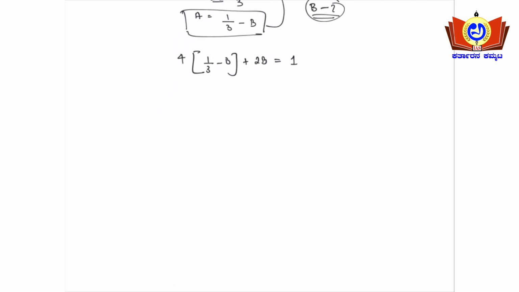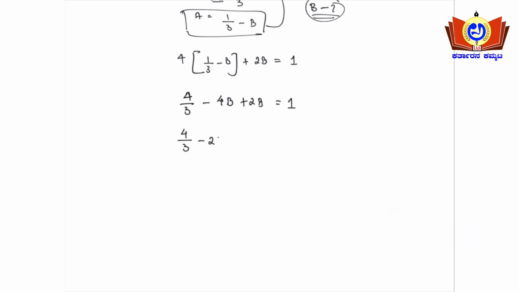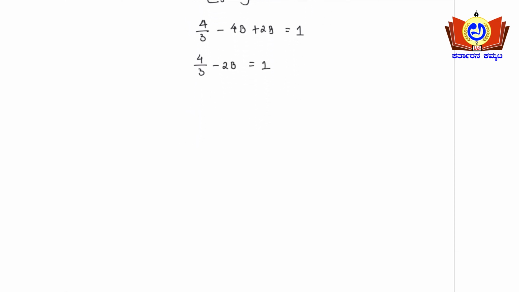See here what will happen is, after solving, 4 by 3 minus 4B plus 2B, that will be equal to 1. So 4 by 3 minus 2B equals 1. I'll take 4 by 3 minus 1, that will be equal to 2B.